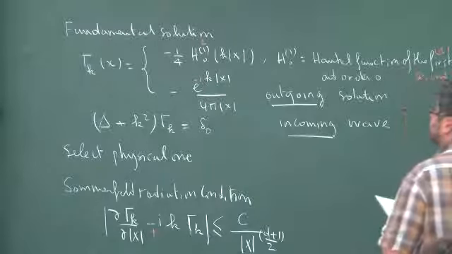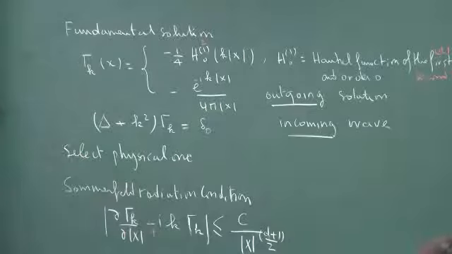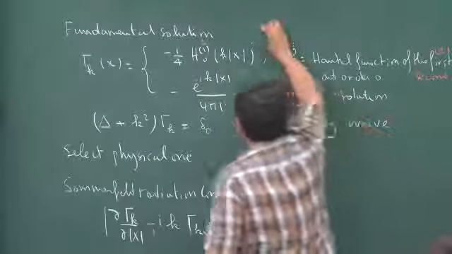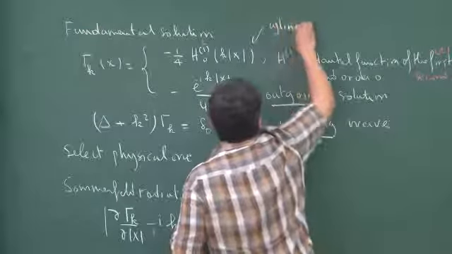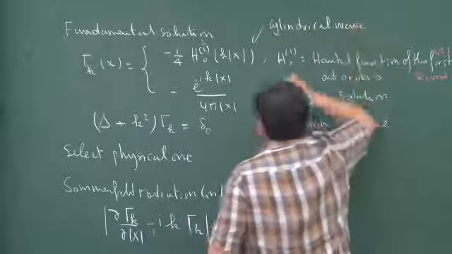So the particular solutions we will be using are plane waves and cylindrical or spherical solutions. So the cylindrical solution is this one, this is a cylindrical wave, and this is a spherical wave.